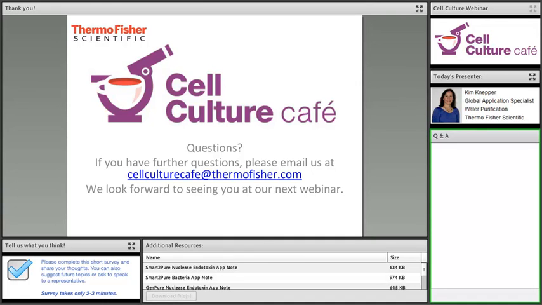Okay, next question. Does it make sense to disinfect the Type 1 system without changing the DI cartridge? Will that help reduce the bacteria in the unit? So while disinfecting the system will definitely clean the system and help kill any bacteria that would be in the system, the cartridge that's been in the system does have DI resins and carbon that could be food for bacteria, and there may be bacteria growing in the cartridges.